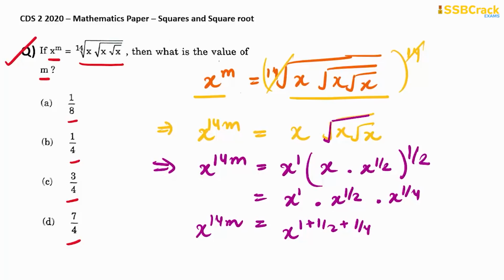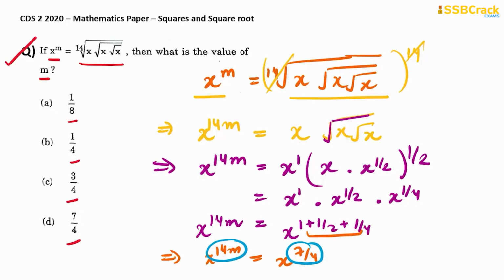So now what we can write, we can add by taking the LCM. So it will be x to the power 14m is equals to x to the power 7 by 4. We can do the LCM and easily calculate this. Now what we can do, we can compare the powers of x on both the sides.